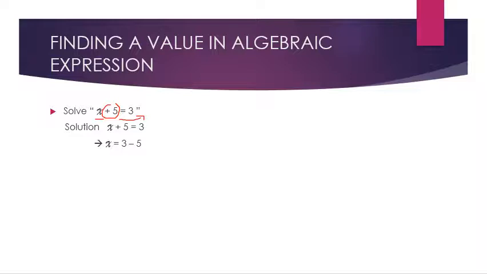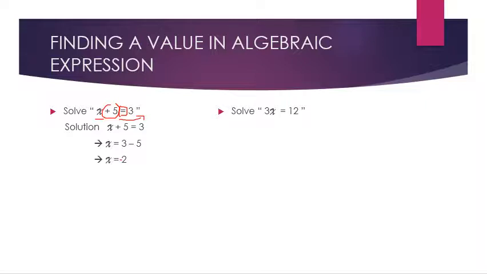See this equal symbol? So we do the opposite of plus 5, which becomes minus 5. So x equals 3 minus 5, which is x equals minus 2.